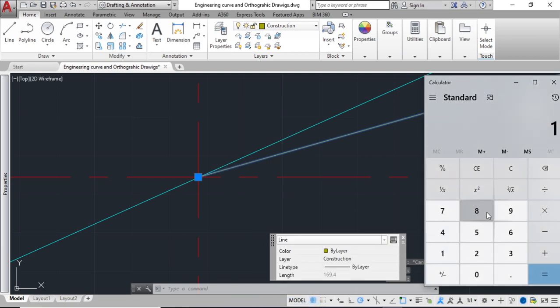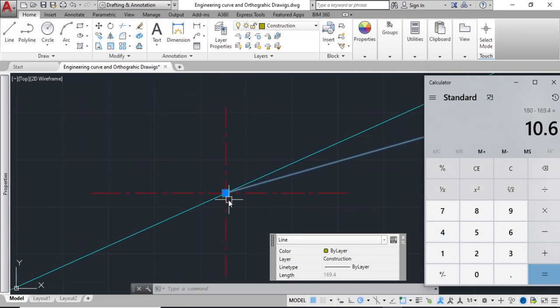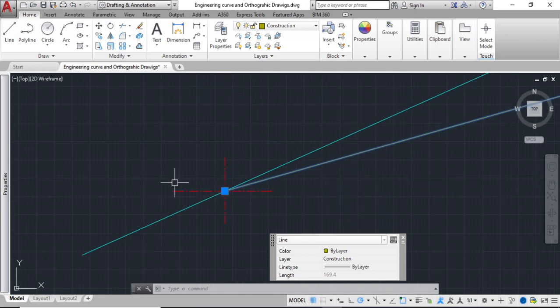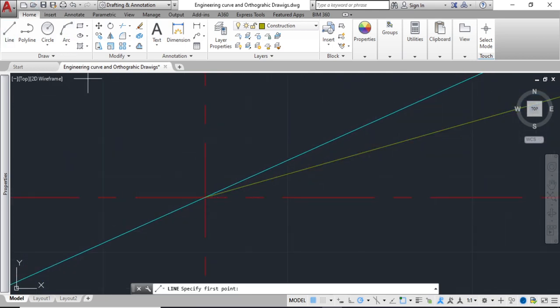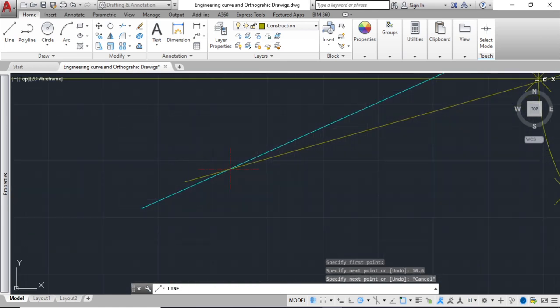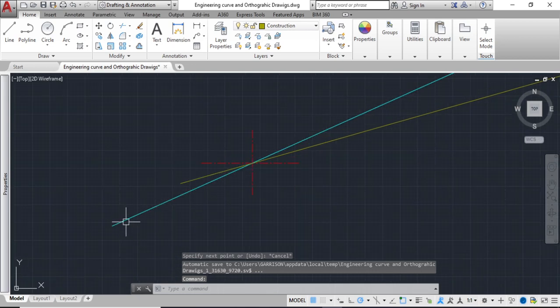So 180 minus 169.4 equals 10.6. So you need to add 10.6 to this one. So 10.6, enter. And you get that point, right? So you have point B, point 1.